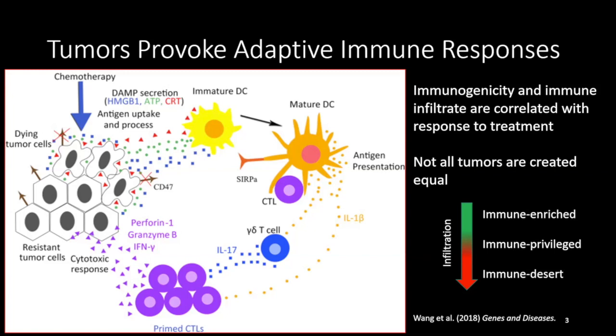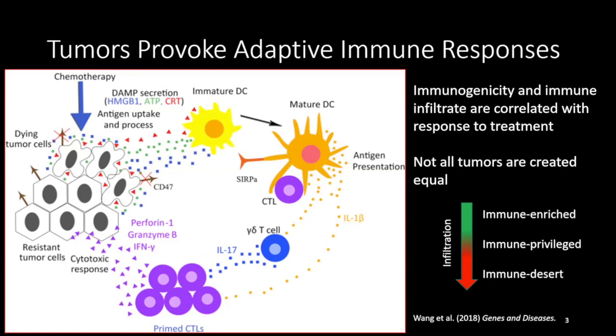And so the question is, it sort of makes sense, right? That immunotherapies would work better in the immune-enriched tumors because there are more immune cells that can enter and exert their effector behavior. And that immunotherapies would perform more poorly in immune desert tumors.